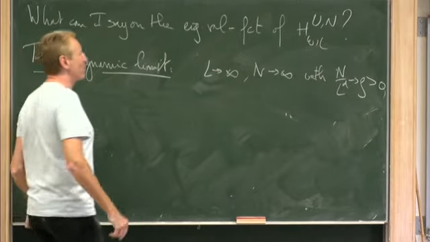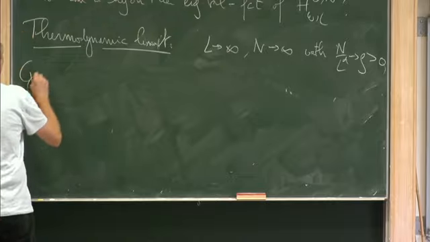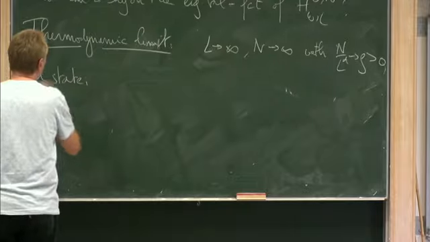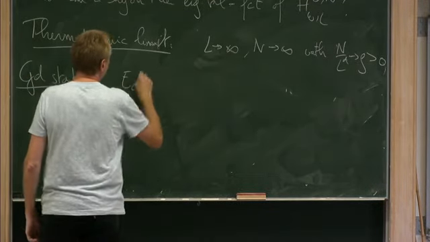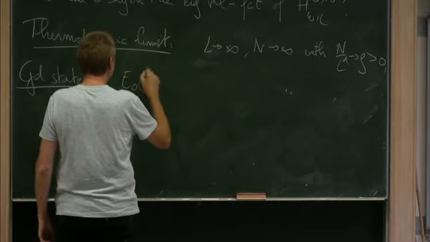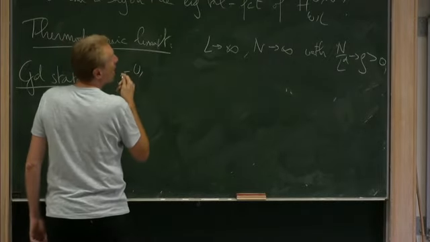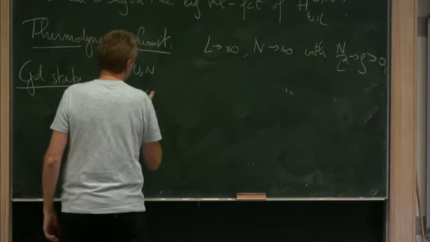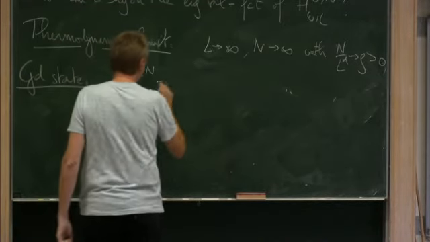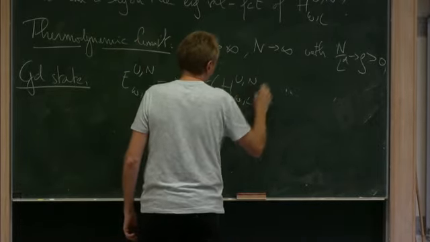Well, of course, I won't have anything intelligent to say for all eigenvalues. I'll be more modest, and I'll only consider the ground state. So I'll define E_0, which has again lots of indices, E^U of n omega L, which is the infimum of the spectrum of H^U_{n omega L}.